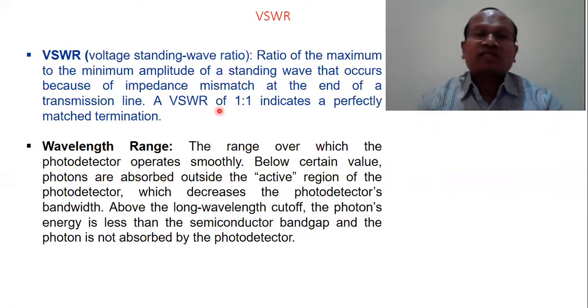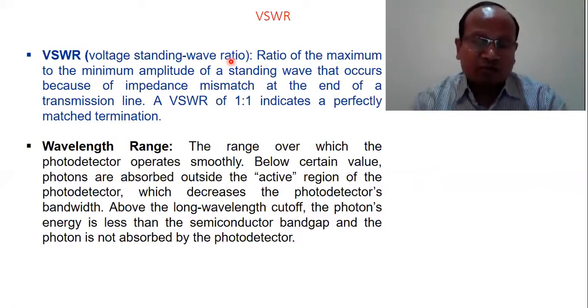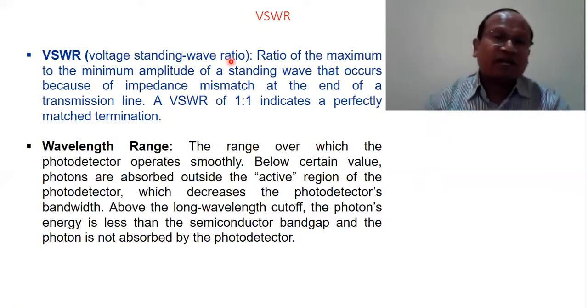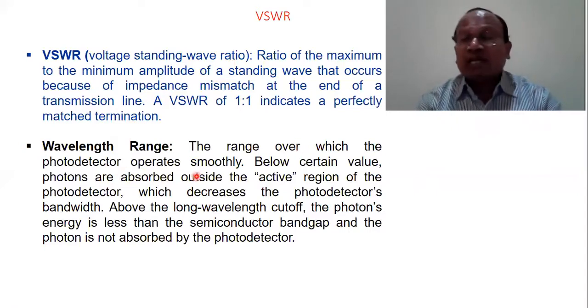A VSWR of 1 by 1 indicates a perfectly matched termination. When there is no perfectly matched termination, VSWR will not be 1 by 1, and will have different values. Next parameter is wavelength range, the range over which the photodetector operates smoothly.